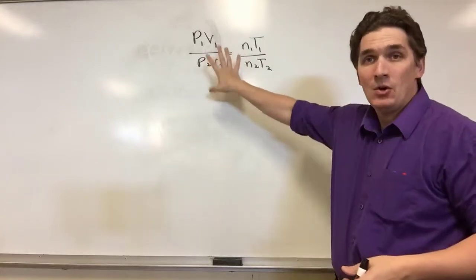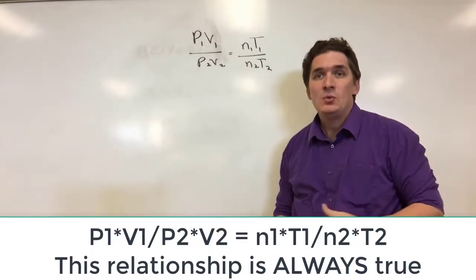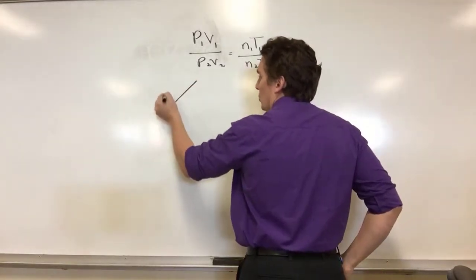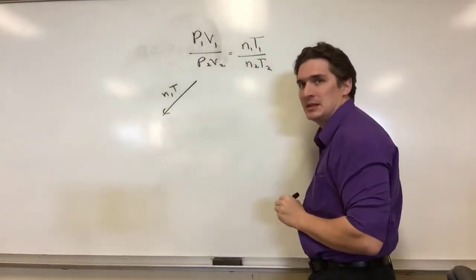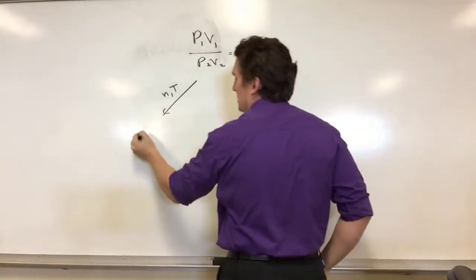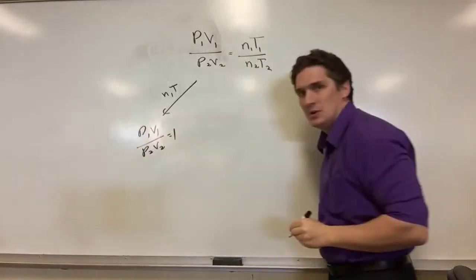Now, this is always going to be true, but what cancels out only depends on what's being held constant. So in the case of Boyle's law, where moles and temperature are being held constant, n1 and n2 are the same, T1 and T2 are the same, so I get P1V1 equals P2V2.